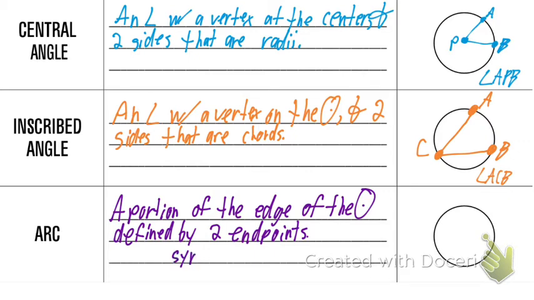And we have a symbol for arc. So a curved line is an arc. Yes, an arc is the portion of the edge of the circle defined by two endpoints. We have the symbol there, which kind of looks like a messed up frowny face. So let's say we had A on the circle, B on the circle. The arc would be this little portion connecting those two, along the circle. Is it actually supposed to be like that? Well, I'll do it in a different color so you can see how it's actually supposed to be.